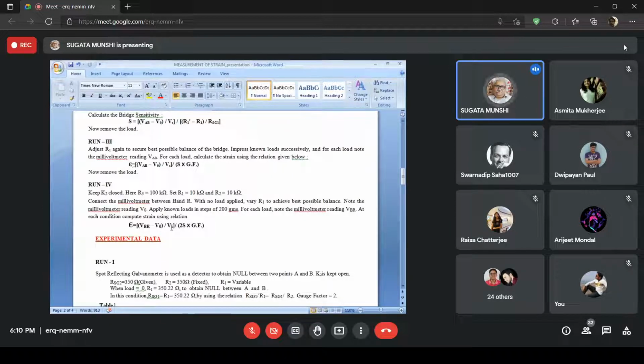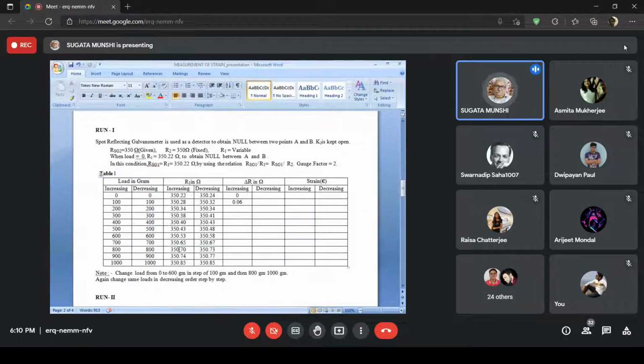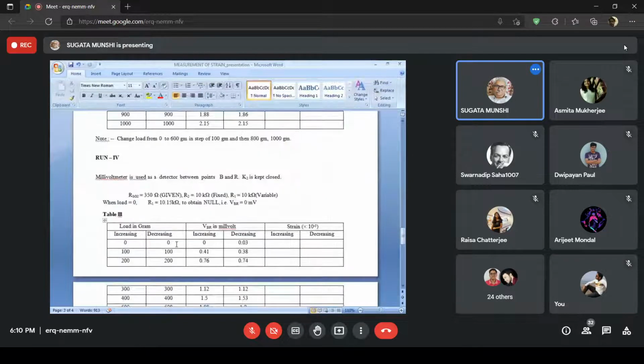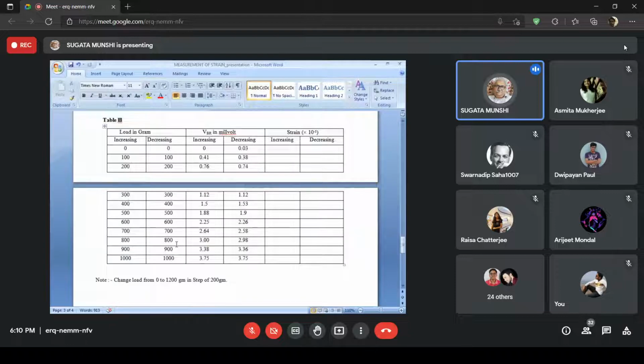So it will be VBR by VS divided by 2S into gauge factor. Gauge factor is 2. So here again, in case of table 3, from these values, you may compute strain, considering sensitivity as 2S.